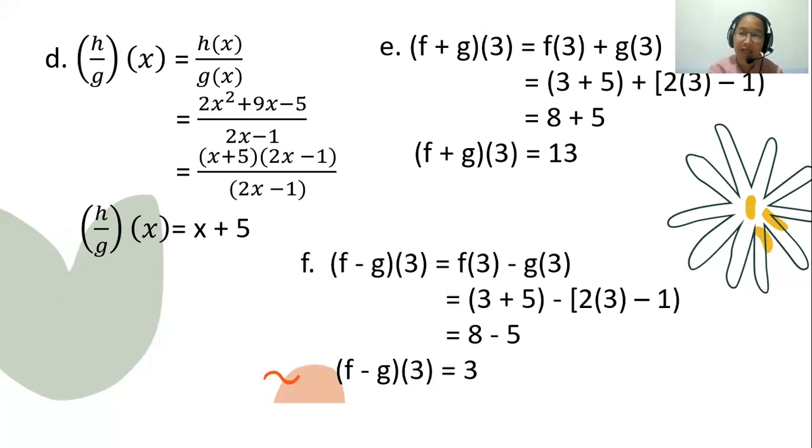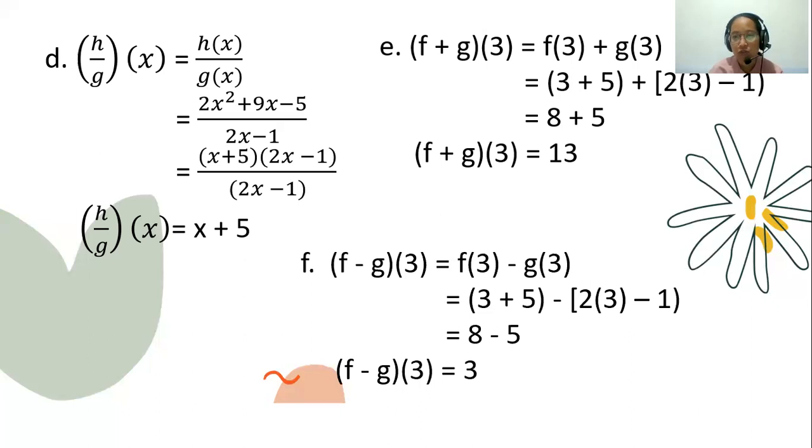Let's have example F, which is similar to example B. So just replace the variable x by 3. To find the difference between the two functions, f minus g of 3 is equal to f of 3 minus g of 3. So x plus 5 as our f of x: we have 3 plus 5 is 8.